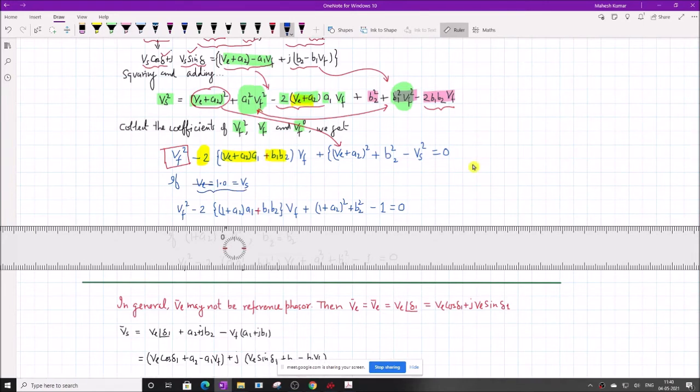to achieve this condition, let us say we are in per unit system. So in per unit system, this is 1.0.